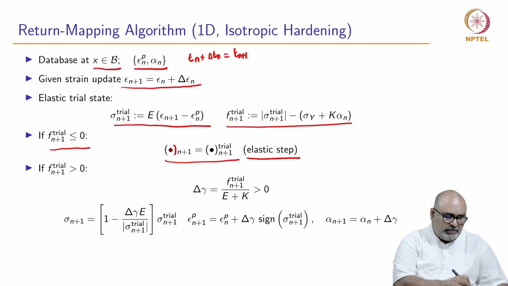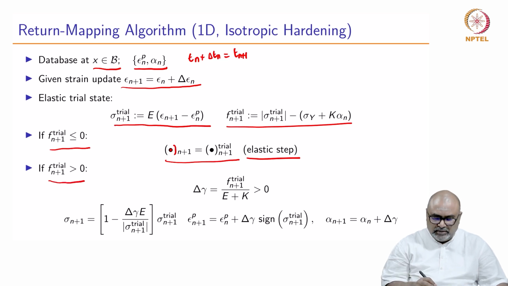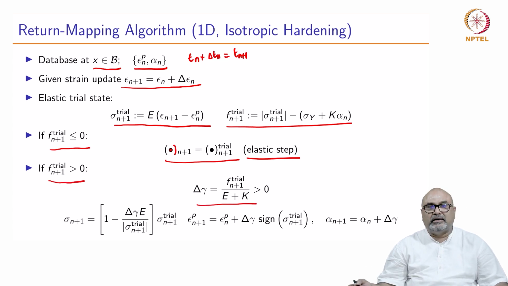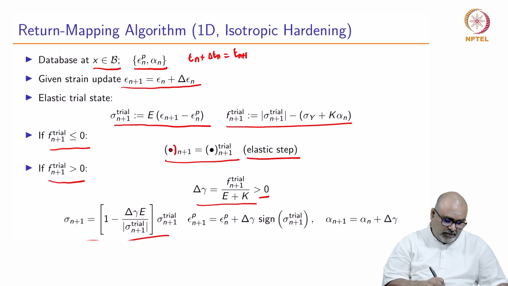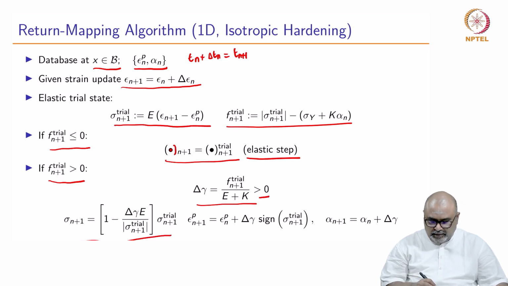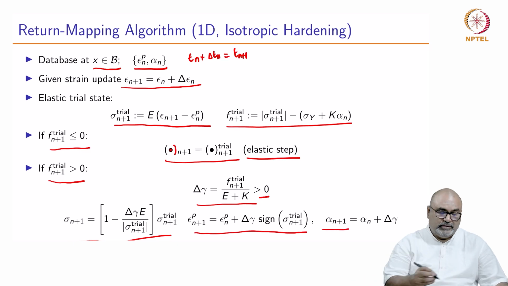But if F n plus 1 trial is greater than 0, then we need to find out the correction factor delta gamma, which is F n plus 1 trial by E plus k, which is greater than 0, and from which we can find out what is the value of sigma n plus 1, what is the value of epsilon n plus 1 p, and what is the value of alpha n plus 1.